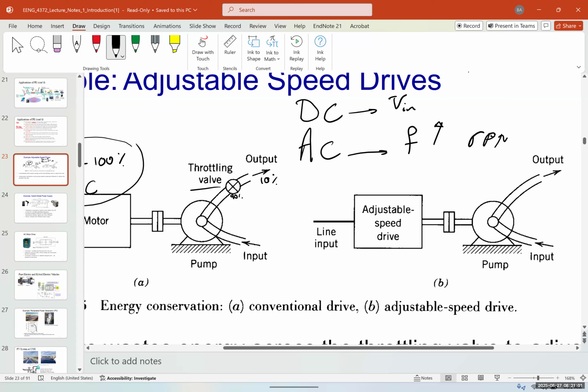So by changing the input frequency, you can change the RPM of a motor.